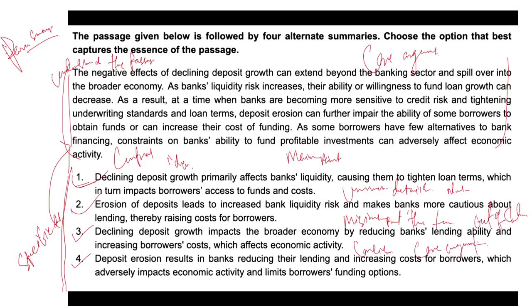So in that case, this could likely be your correct answer. Now, after drawing your answer, the first one has unnecessary detail, second one misinterprets, third one is concise but leaves out the core argument, and you find out the fourth is your correct answer. But cross check with the passage.